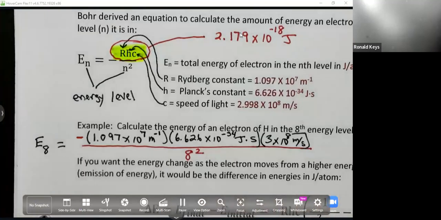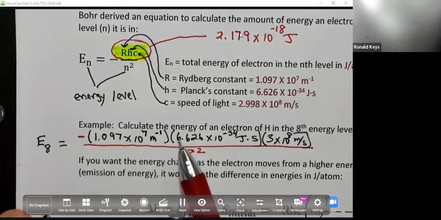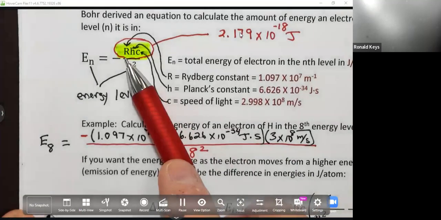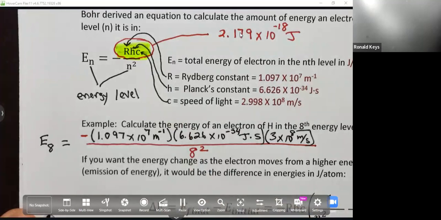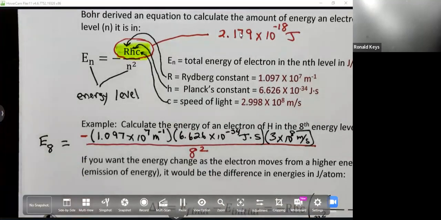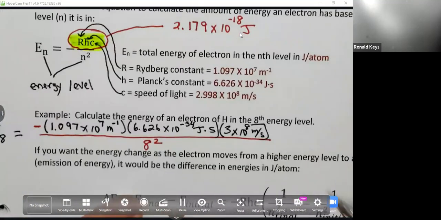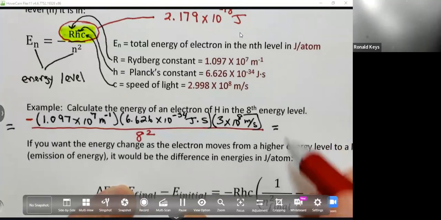Somebody else get that exact number? All right, good. So that's not going to change, right? All three of those are constant. We multiply these together. That's these three multiplied together, RHC. All right, then we got to divide by 64. Remember our negative.